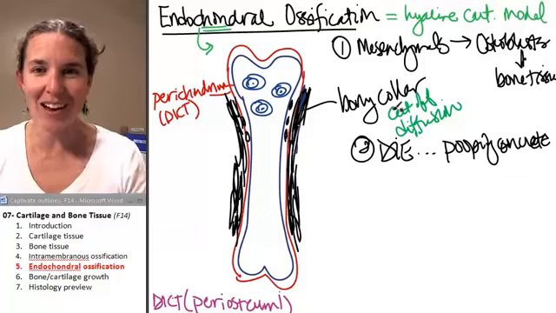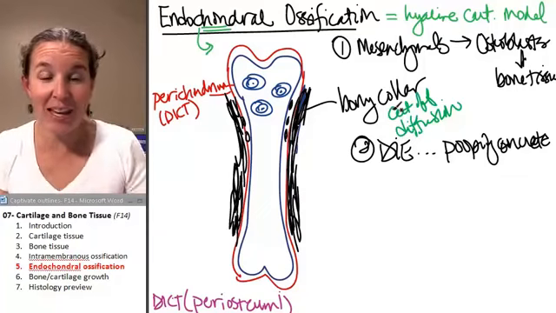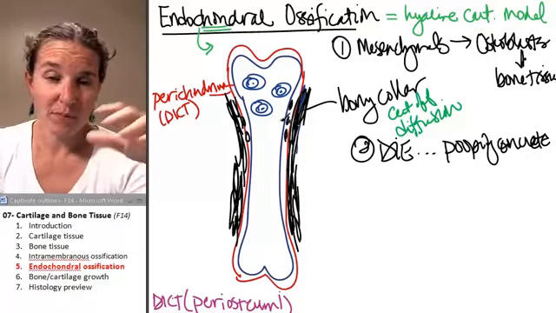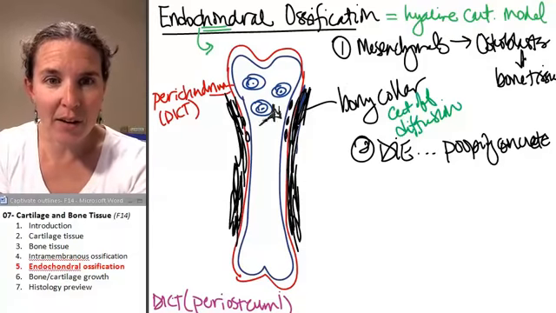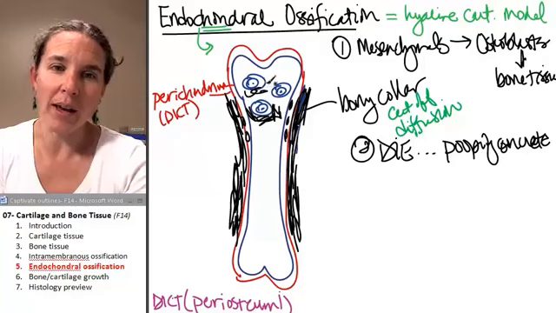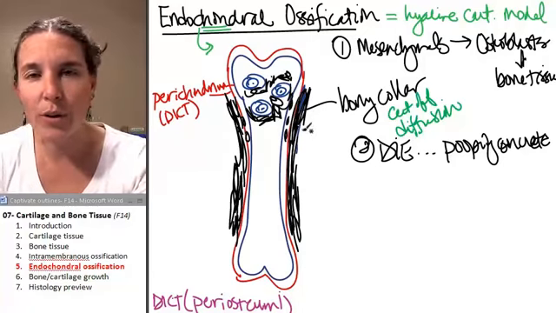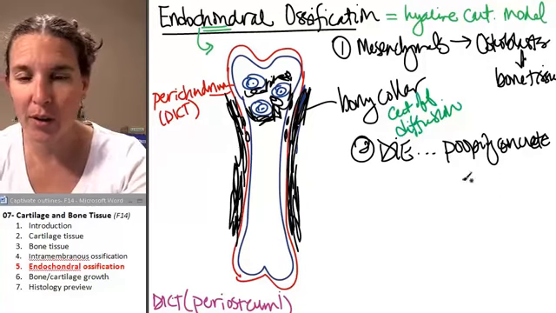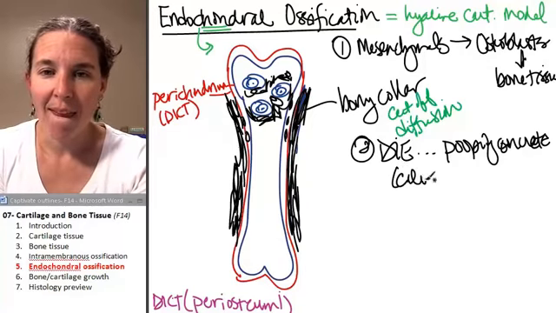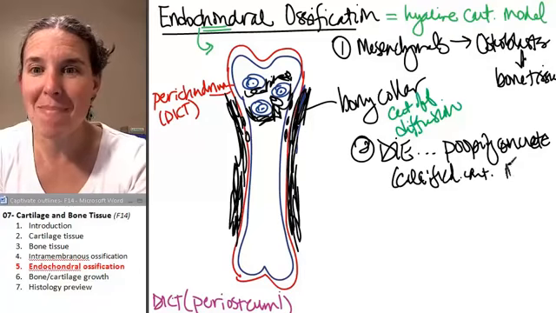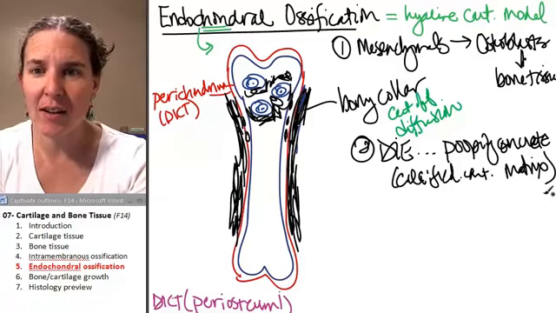You're trapped in there, and you can't get any food. So you start freaking out and pooping concrete. Well, what's going to happen inside here? Okay, it's called calcified cartilage matrix, or you can call it concrete poop. Calcified cartilage matrix, yeah.